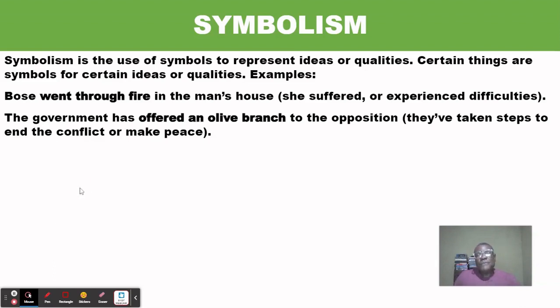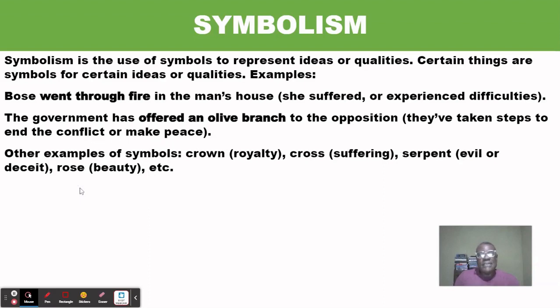Okay, so symbolism is an important literary device for interpreting idioms. Now, other examples of symbols are crown. The crown is the symbol of royalty.